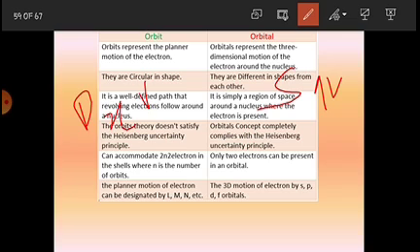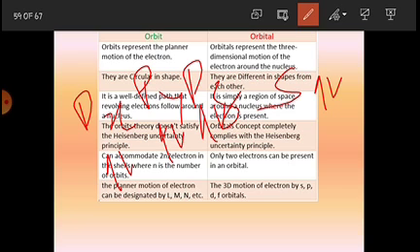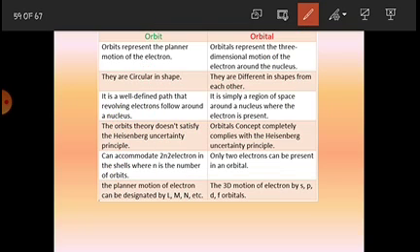In px, py and pz, in the px orbital we can accommodate only 2, in py only 2, and in pz also only 2 electrons. The last difference, the planar motion of electron can be designated by K, L, M, N, etc., whereas in case of orbitals, the 3D motion of electron is designated by s, p, d, f orbitals. So remember, these are the important differences between the orbit and orbital.